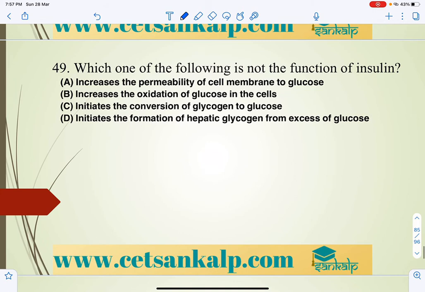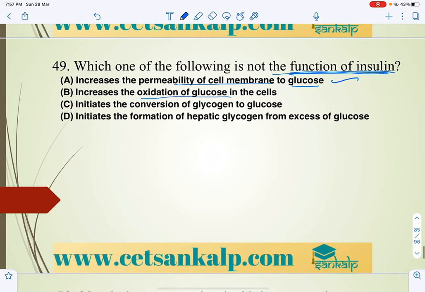Which one of the following is not the function of insulin? Increases the permeability of cell membrane to glucose, correct. Increases the oxidation of glucose in the cell, which mainly helps in utilization, that is also correct. And initiates the conversion of glycogen into glucose, which is not the function of insulin.